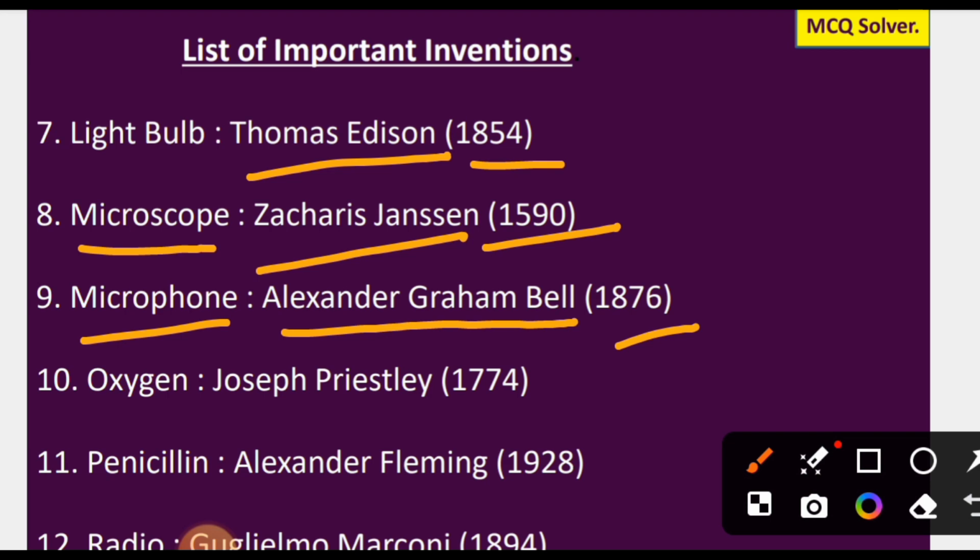Now the question could be asked why most of the inventions were done between 1800 and 1900. The reason is that this period marks the period of the industrial revolution. With the advent of the industrial revolution, many things happened in society and in the educational system, and there were requirements of many things.